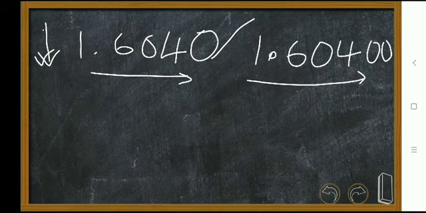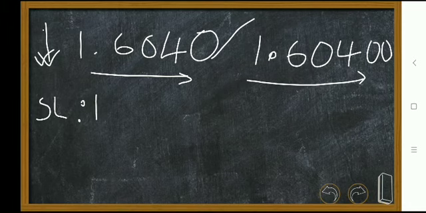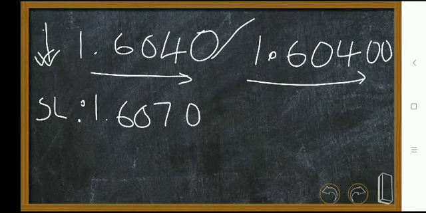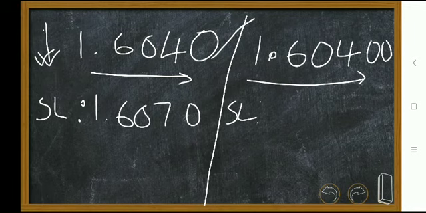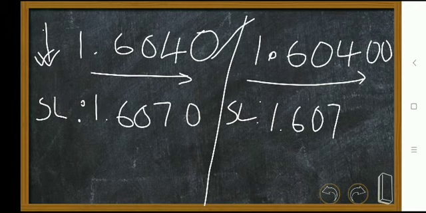So your SL price will be 1.60, you add 30 pips, 70. So in points, your SL price, that means you'll be adding 300 points. Remember, 30 pips is 300 points. So 1.604700.